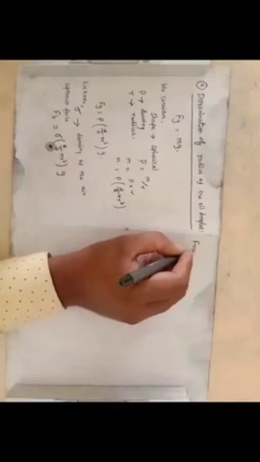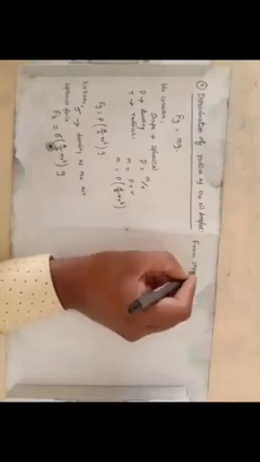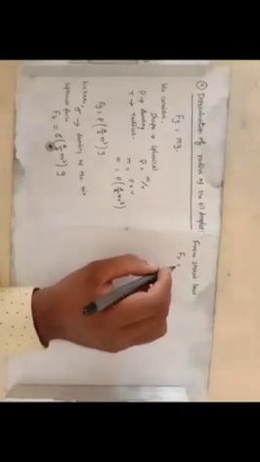So from Stokes' law, the viscous force Fv is equal to 6 pi r v eta.